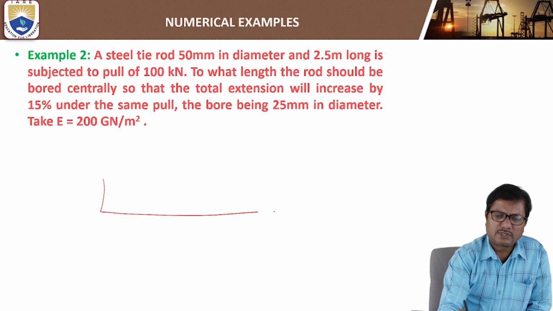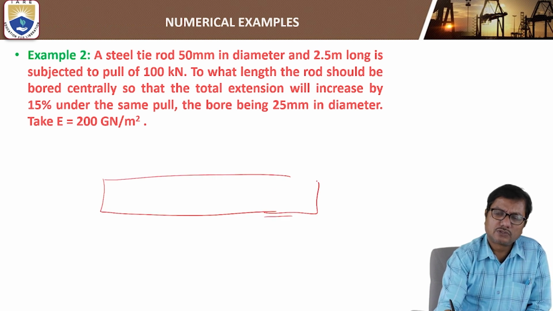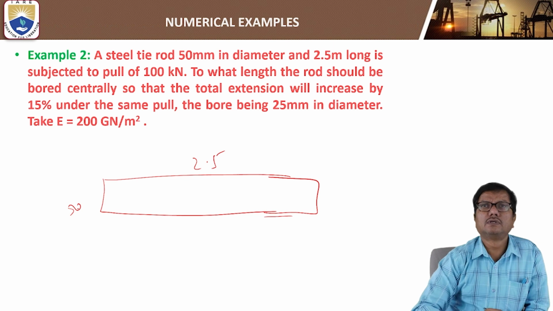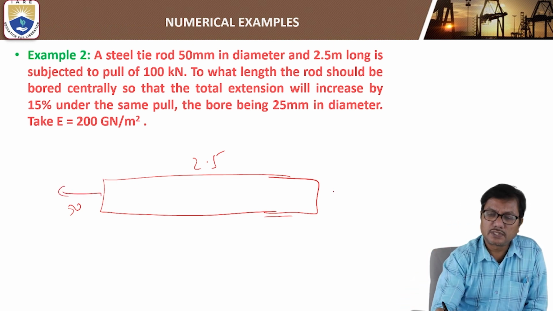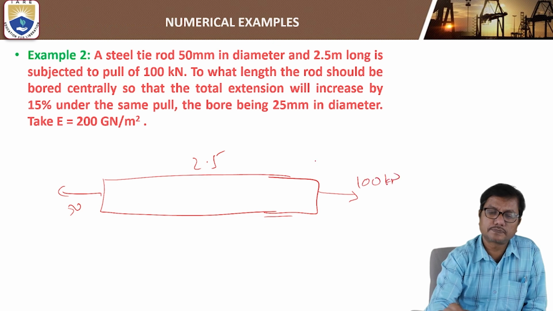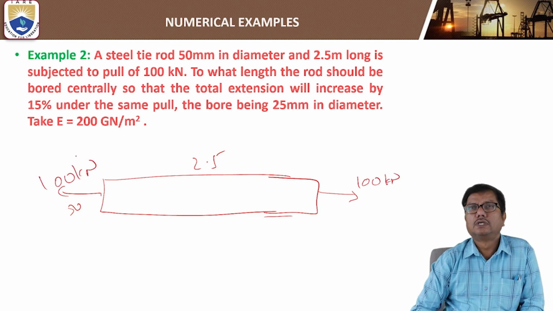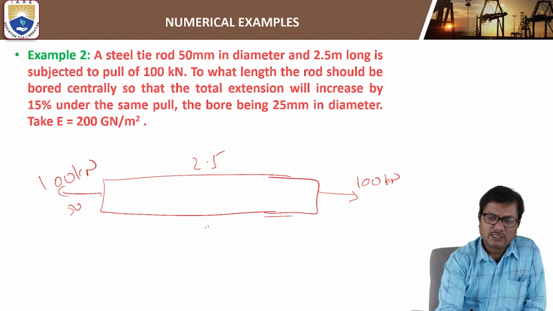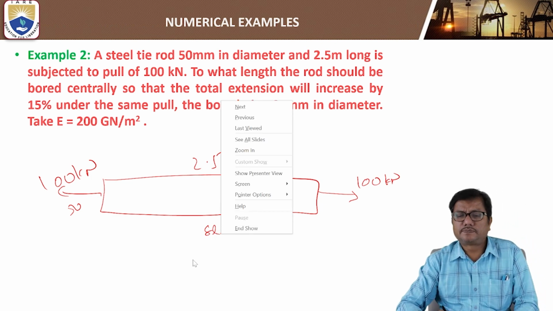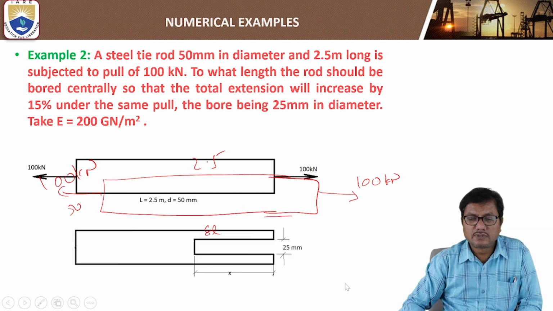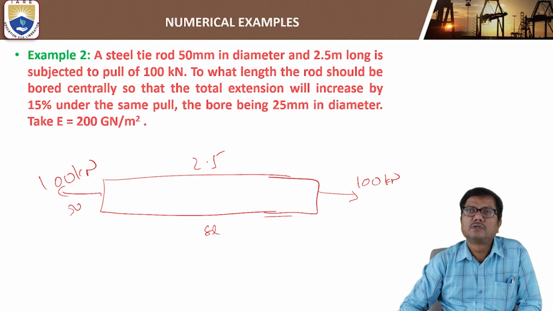So I hope the problem is clear. The rod of length 2.5 meters and 50 mm diameter is subjected to an axial pull of 100 kilonewtons, and under this it will be elongated by delta L. Now if you increase the load, elongation also increases.